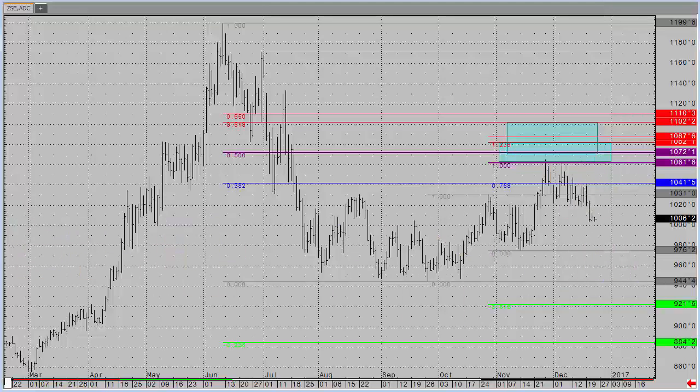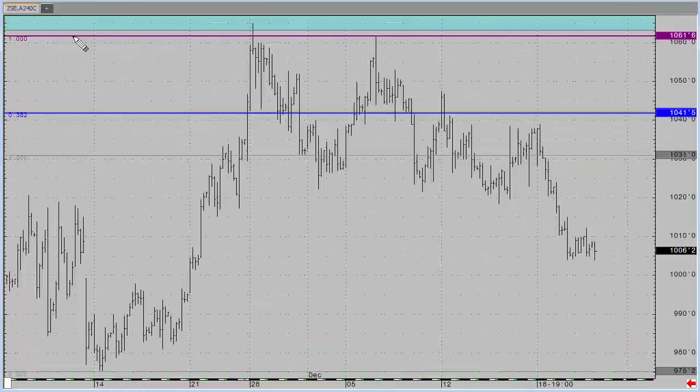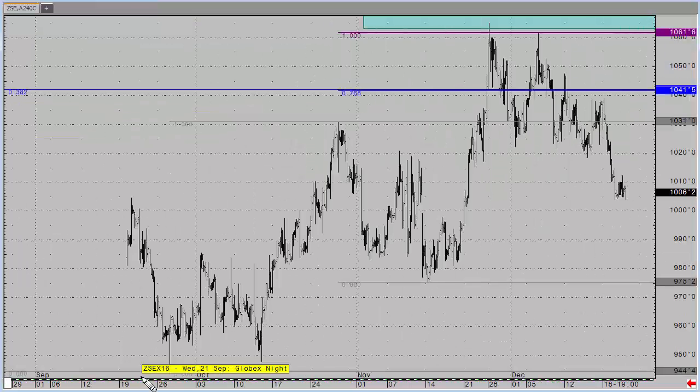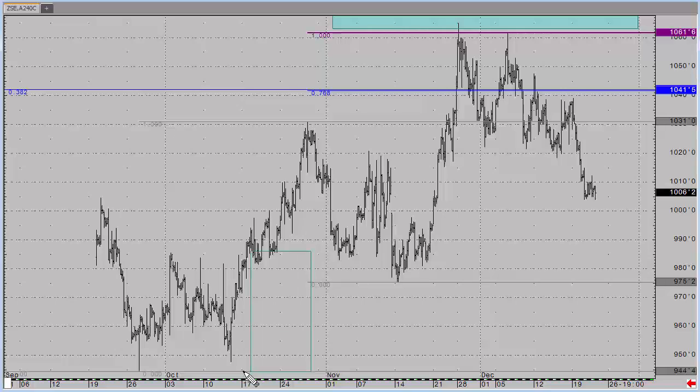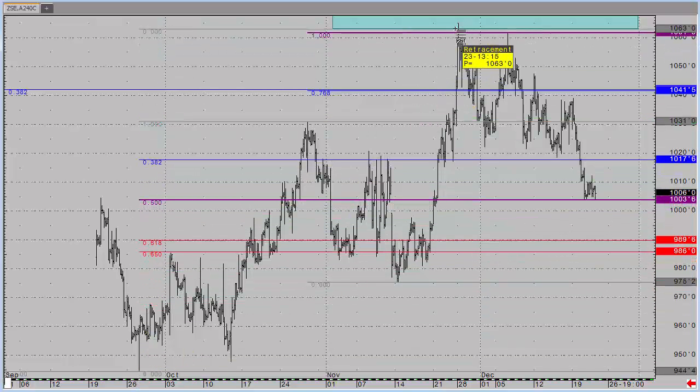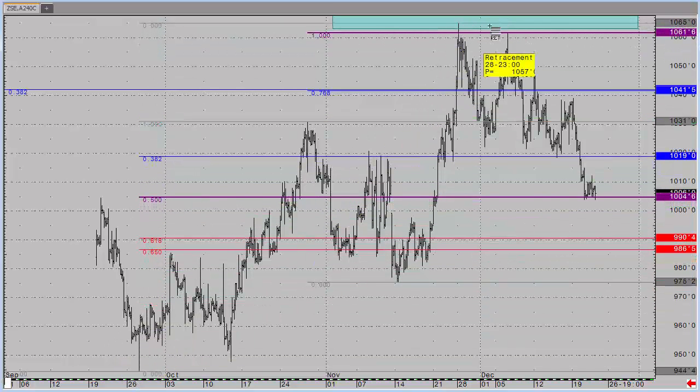If we dial down to a 240-minute chart, we can take a look at the potential support that beans have found. Let's look at Fibonacci retracements of the move up off of our 944 lows from late September, up to the highs in late November, into the 1066 highs.